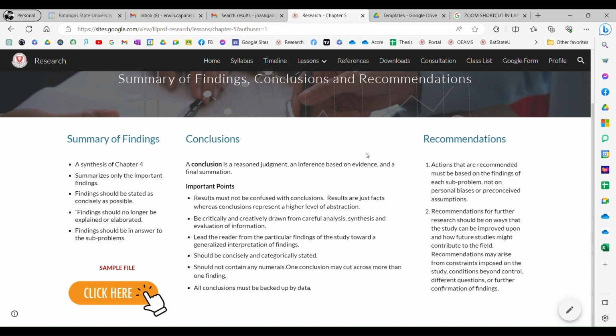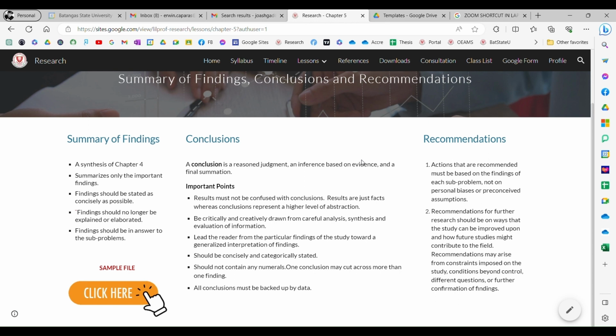The second part is the recommendations for further research. It is for future studies, for the future researchers. You can recommend ways that the study can be improved upon and how future studies might contribute to the field. The recommendations may arise from constraints imposed on the study, conditions beyond control, different questions, or further confirmation of findings.